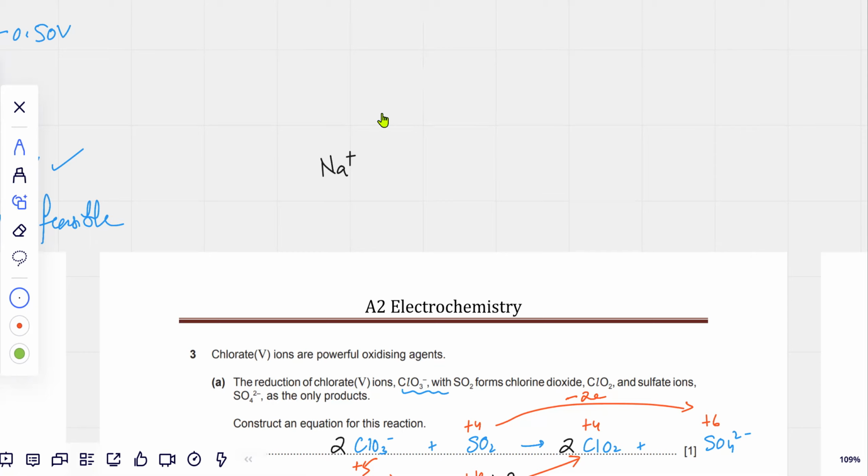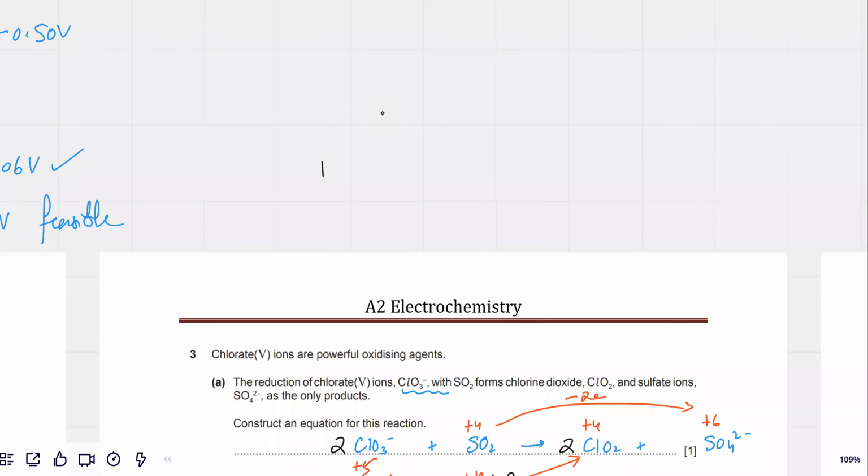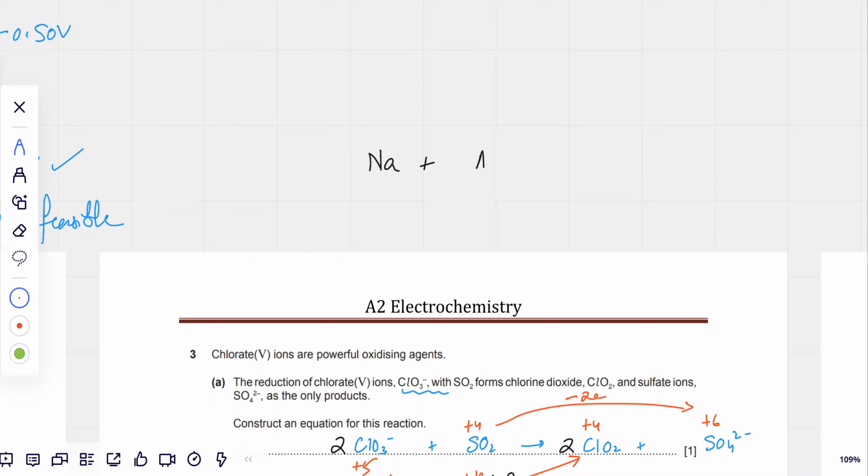So, for example, if I make a simpler equation, I've got Na reacting with Al3+, and the product is Al and Na+. Now, atomized, the equation looks balanced, but it's not balanced. The number of electrons gained and lost are not equal.